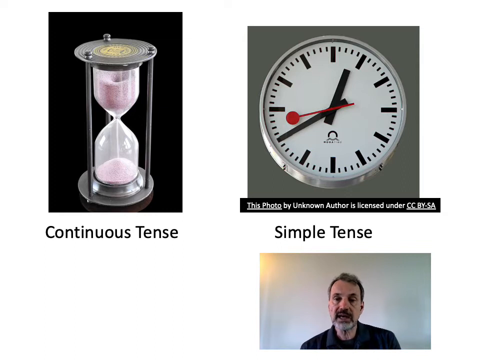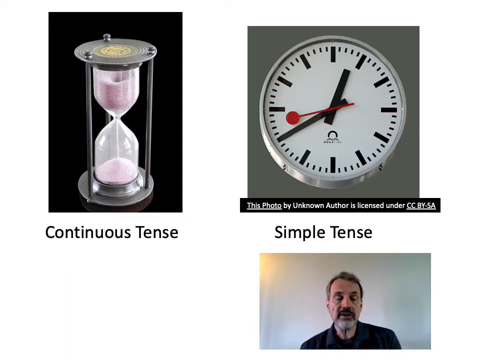Then, when the sand runs out, the time is finished and the action is finished. So, actions in the continuous tense are for a limited time, only for the time that you're talking about and that you usually mention. That means that they happen only during a certain time. They have a stop and a start.